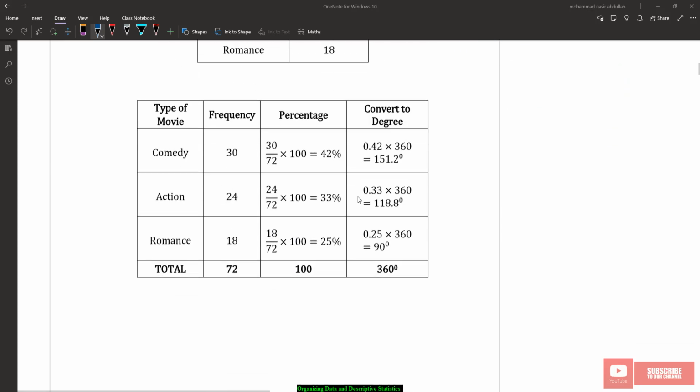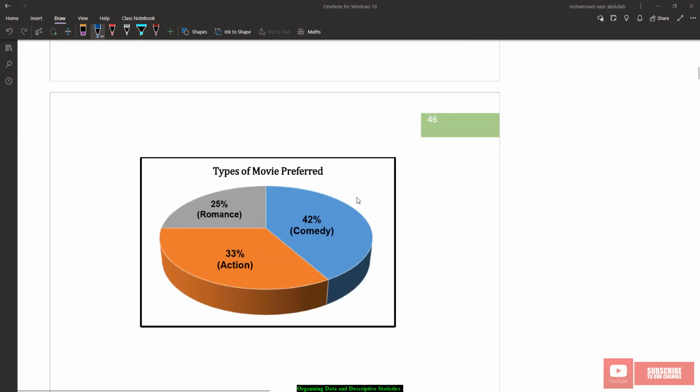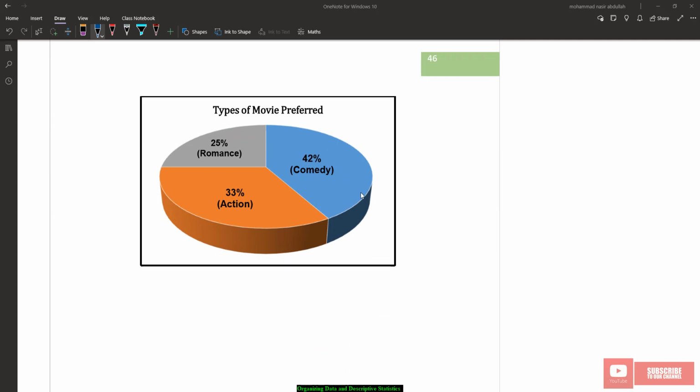Here the answer has actually been given. But this is another example of a bad graph or chart. Why is it a bad graph or chart? Because for every chart or graph we present to the public or to our company, we should not construct it in 3D format.